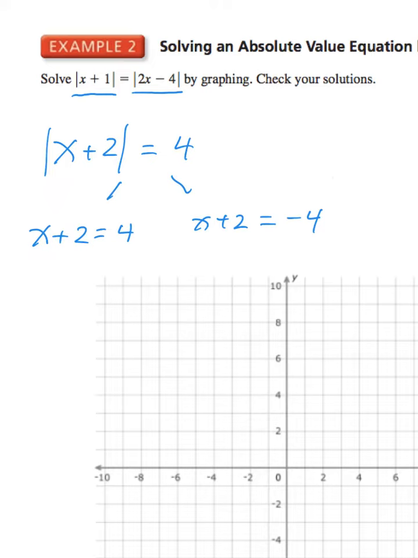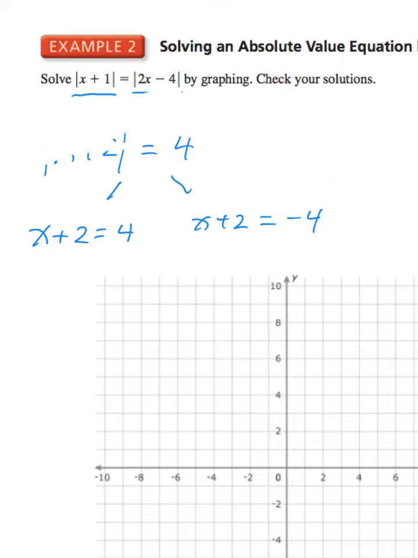So this is how we separate it into 2 equations. Okay? I just wanted to recollect that for you. Let's go ahead and graph this. Actually, I'm not going to graph this yet. Let me erase that, and let's go ahead and do a problem.